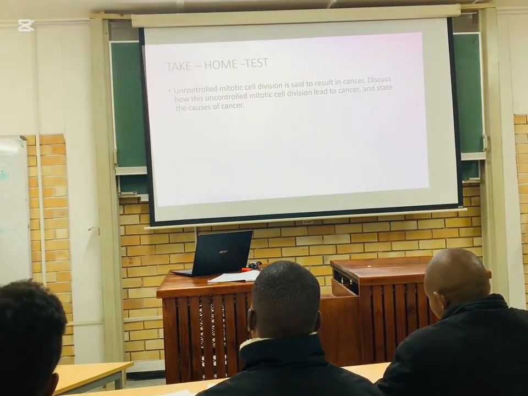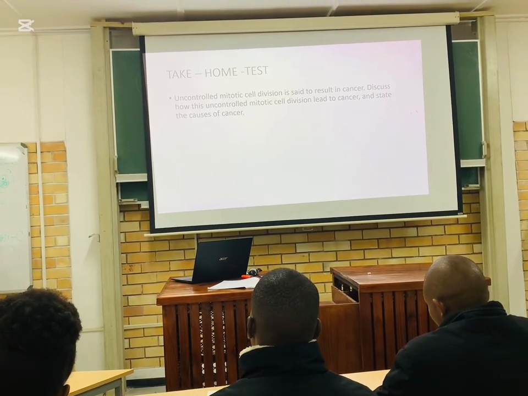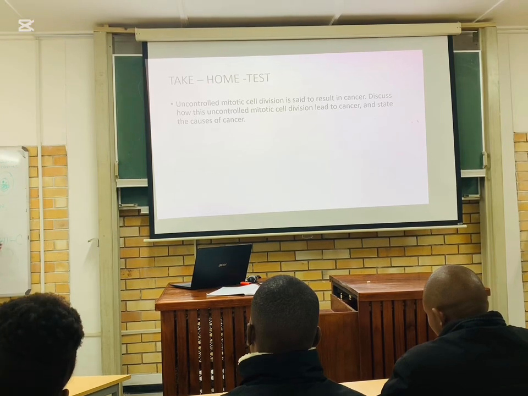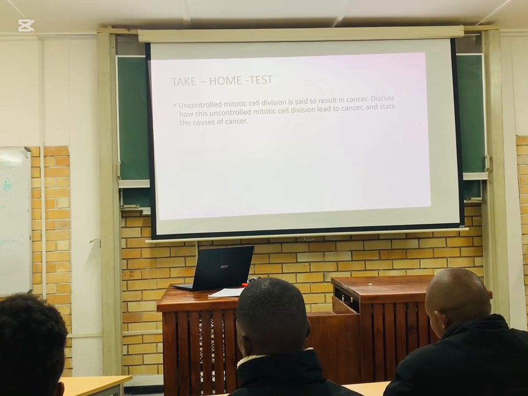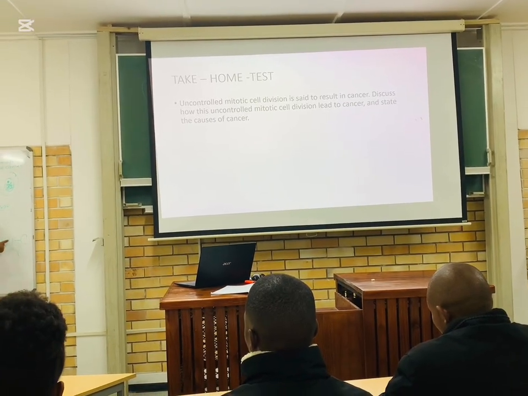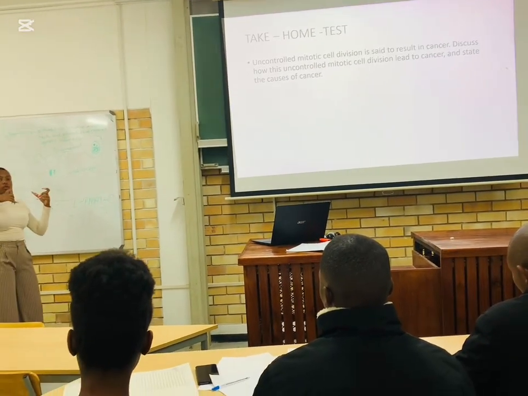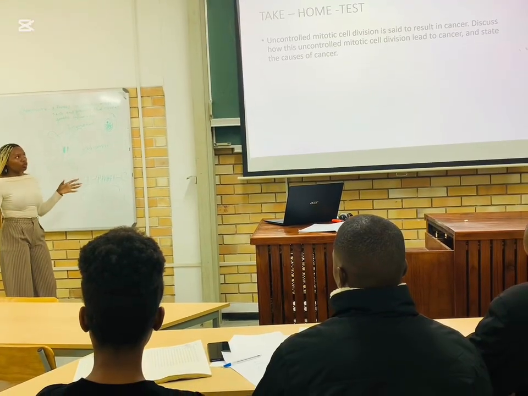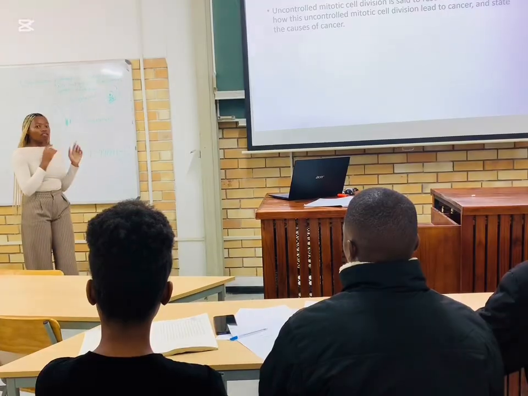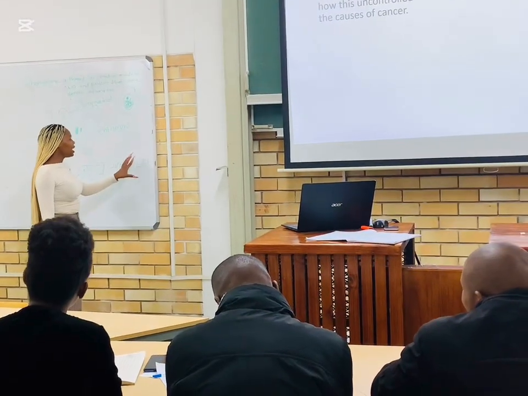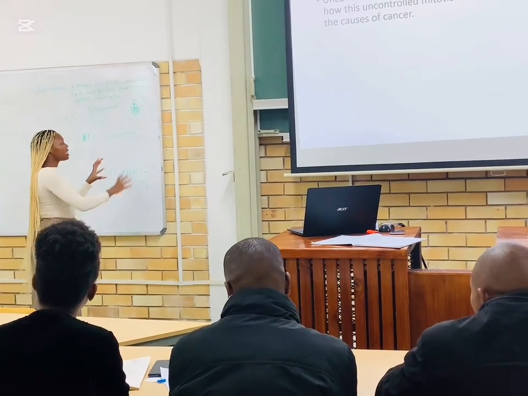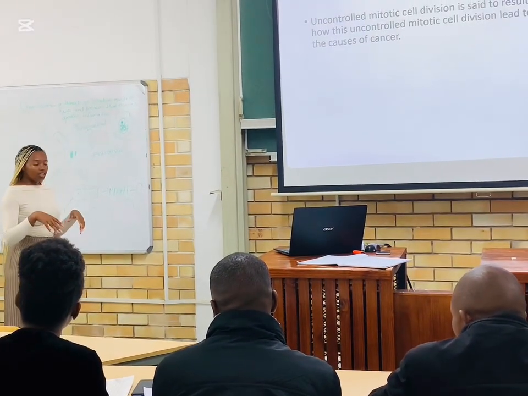In prophase, we said that our chromosomes condense and become visible. In metaphase, they align and arrange themselves at the center of the cell. Then we have anaphase, whereby our chromatids are pulled to the opposite poles of the cell, and telophase, which is the last stage of mitosis. In telophase, chromosomes arrive at the opposite poles and the cell begins to divide.